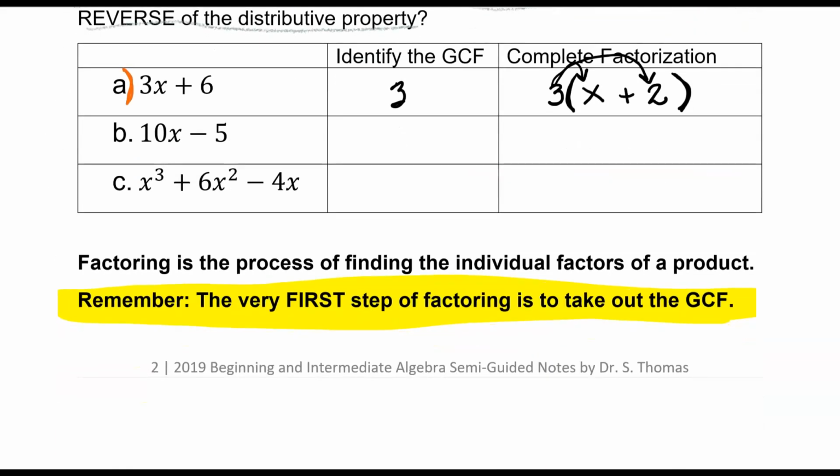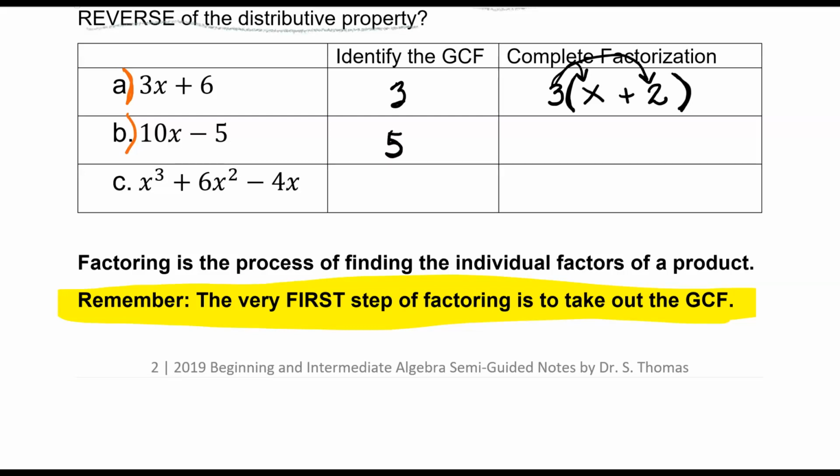All right, let's go on to 10x minus 5. Let's first identify how many terms we have. Again, we have two terms represented here: 10x, and if you want to look at it as -5, what do they have in common? They have a 5 in common, right?